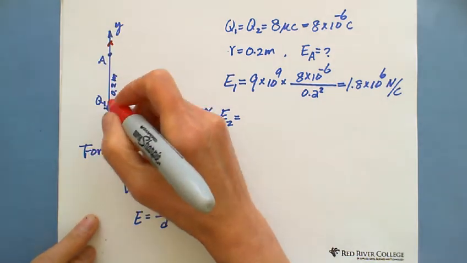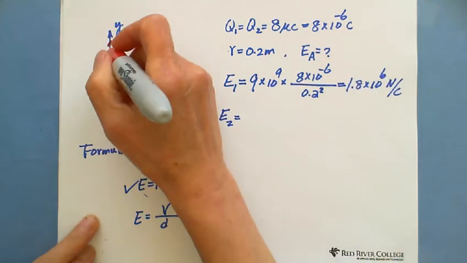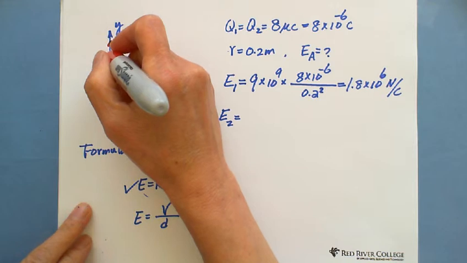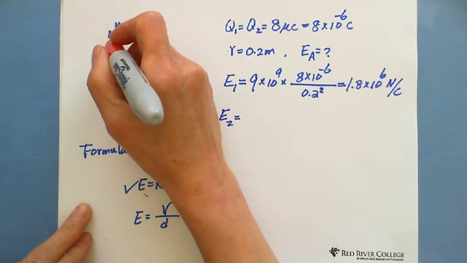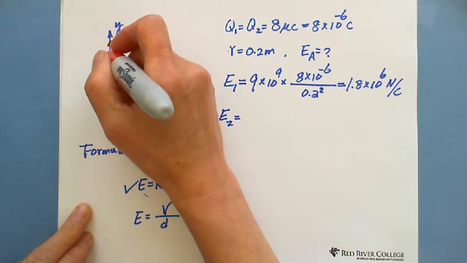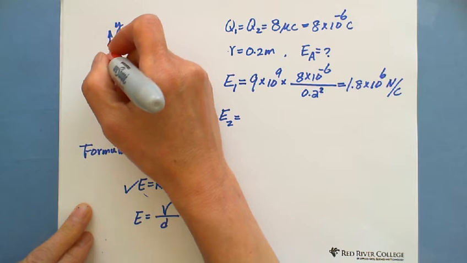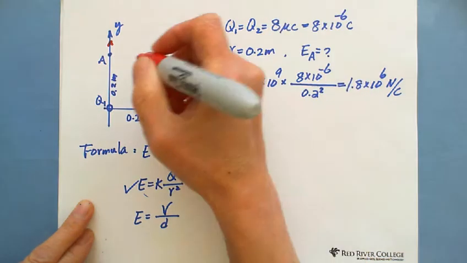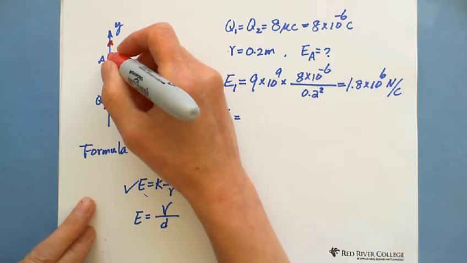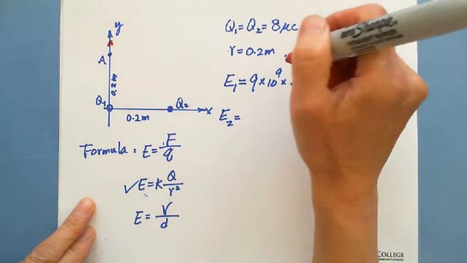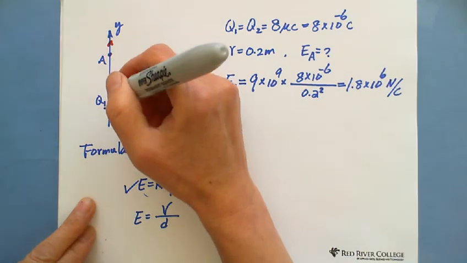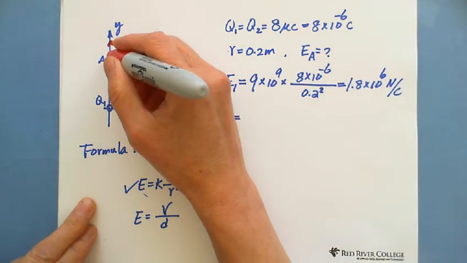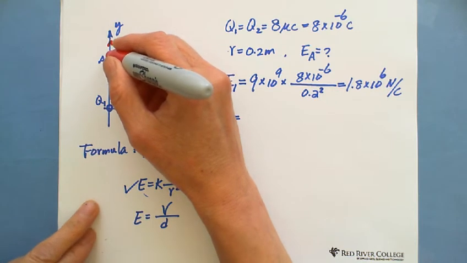Because this is a positive charge, 8 microcoulomb, and the direction of E1 at point A is the direction of the force when you put a positive test charge at point A. The direction of the electric field is the direction of the electric force when a positive test charge is put there.